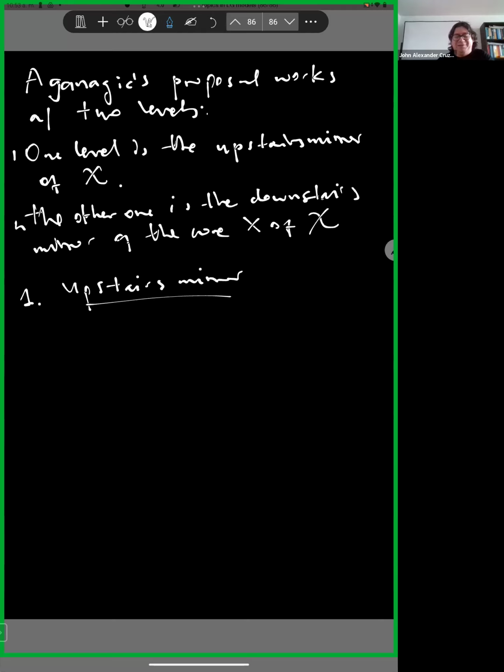And why upstairs and downstairs will be clear in a second. Okay, so we want to construct the mirror of X.